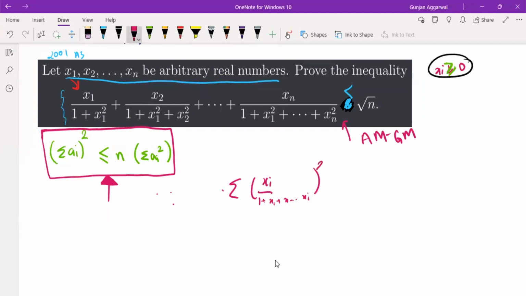No, the numerator is xi, the denominator is squared. Remove the parenthesis and the square and remove the squares from the denominator. So it's summation xi squared is less than root n.